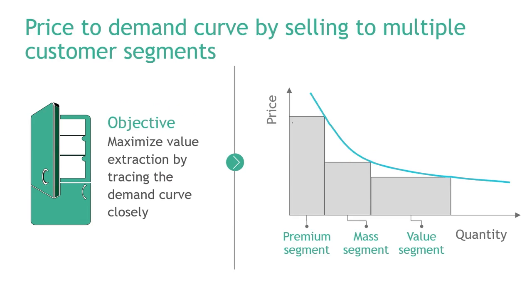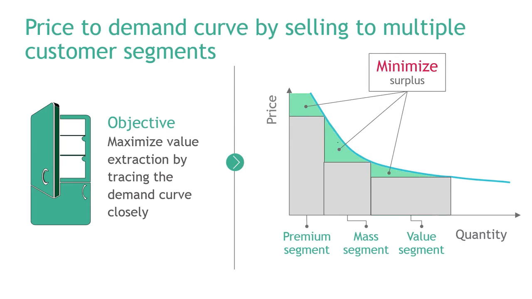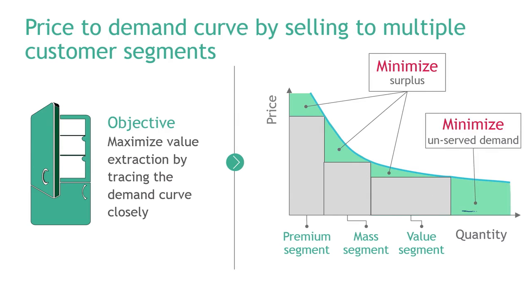What I'm talking about here is to introduce the idea of offerings that are tailored to the segments. You have a fridge for the premium segment, a fridge tailored for the value segment, and something in between. Now, what this does is it helps to reduce the surplus within each of the segments, but because you also now with the value segment capture a big part of quantity, it also minimized the unserved demand.